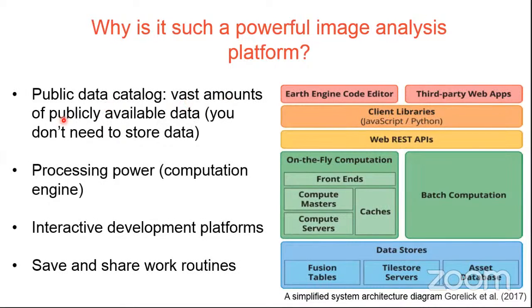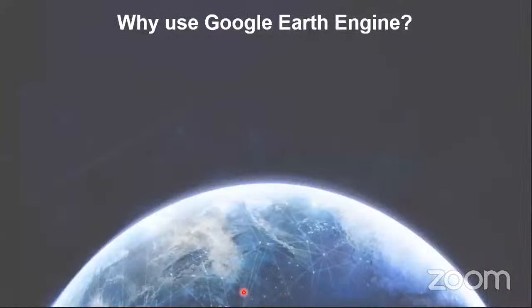It has a vast amount of publicly available datasets, and you don't need to store data on your PC or system. It has very high processing power, like a computation engine. It is a very good interactive development platform, and with the help of Google Earth Engine, you can save and share your work routine for daily analysis.